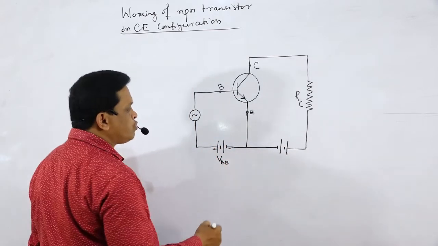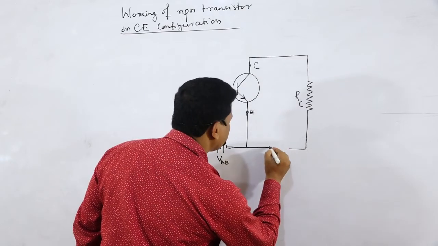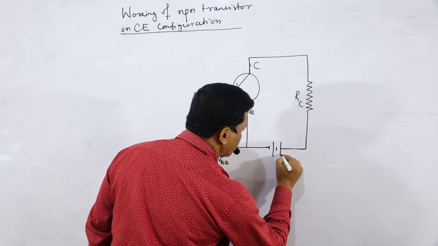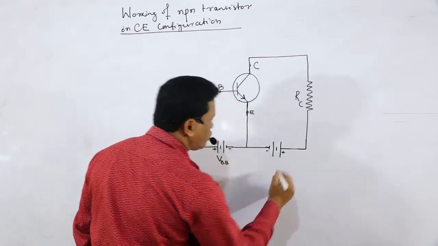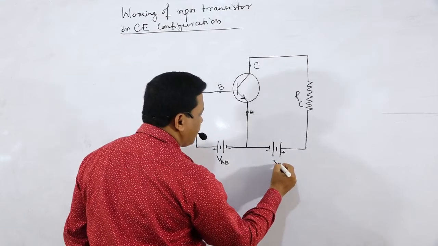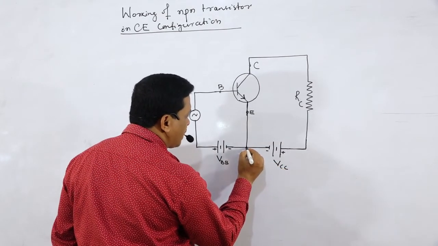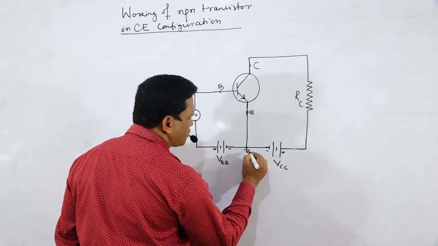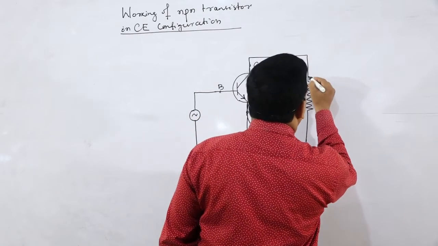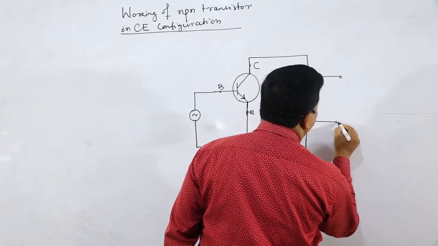So we have used two batteries here. This battery is biasing the collector, therefore VCC. This is the common terminal which you can connect to ground or earth. So this is the transistor configuration, NPN transistor in common emitter configuration.